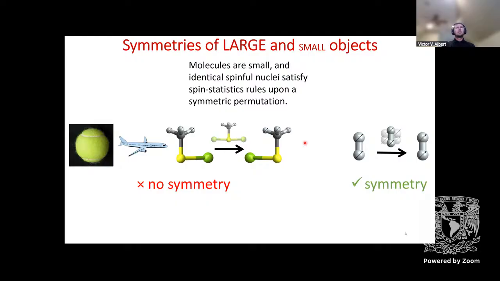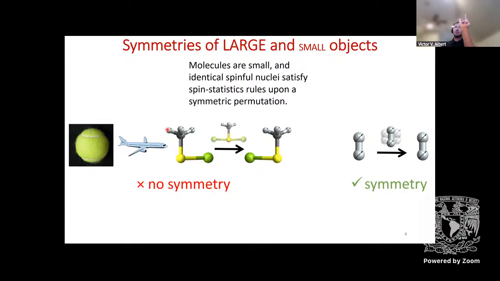Similarly, for a molecule that I drew here, I forget what this is, but it's got a methyl group here. Anyway, this molecule has 3 identical hydrogen atoms. And when you have identical atoms, you have to start to worry about whether any operations that permute those atoms will leave the rest of the molecule alone, and therefore be a symmetry of the molecule. If that's the case, then you have to worry about Pauli spin statistics arising.